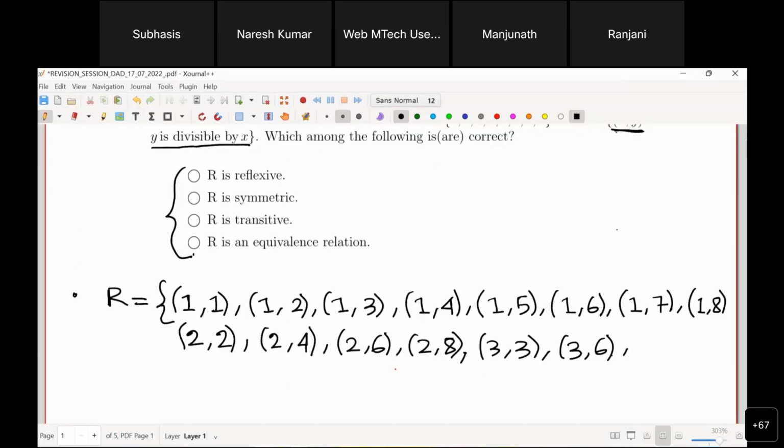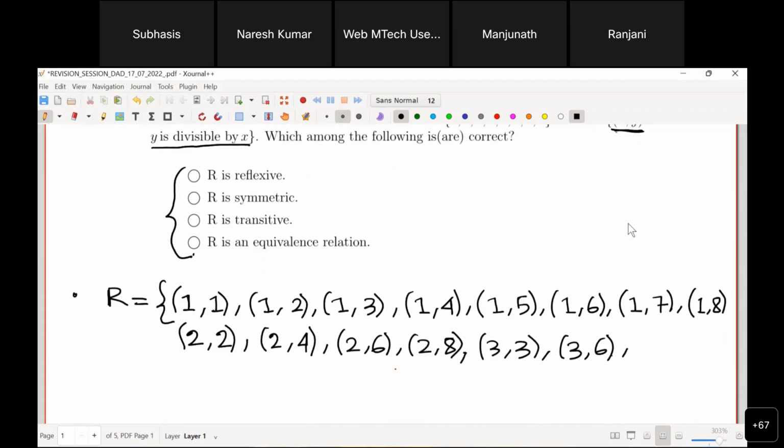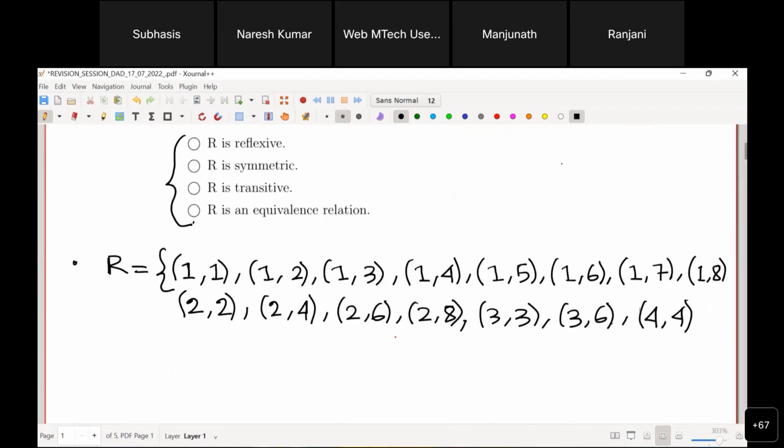Next I have to start with 4. If I start with 4, I cannot take 1, 2 or 3, because 4 doesn't divide them, and certainly 4 doesn't divide 5, 6 and 7. So I can take 4 comma 8. The next thing is I have to start with 5.